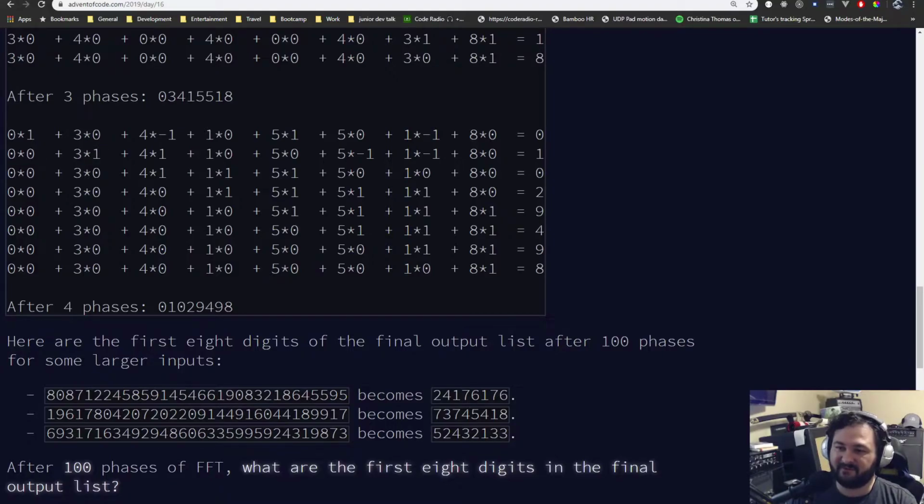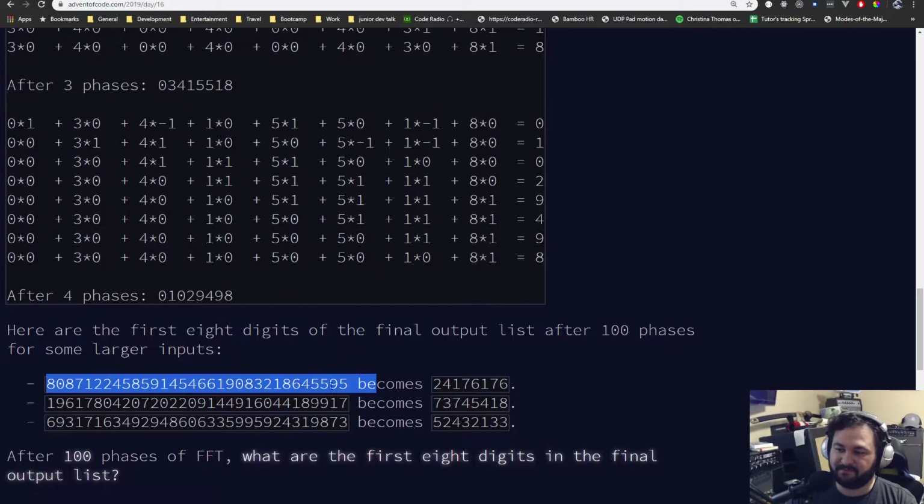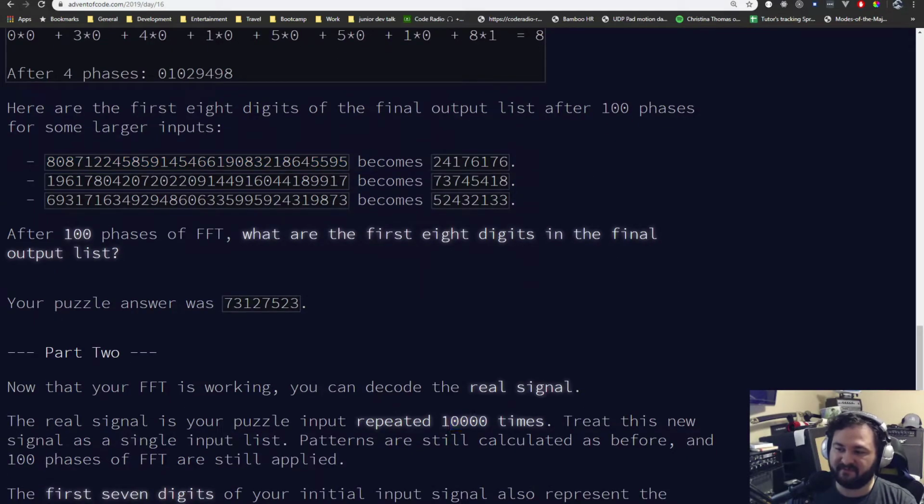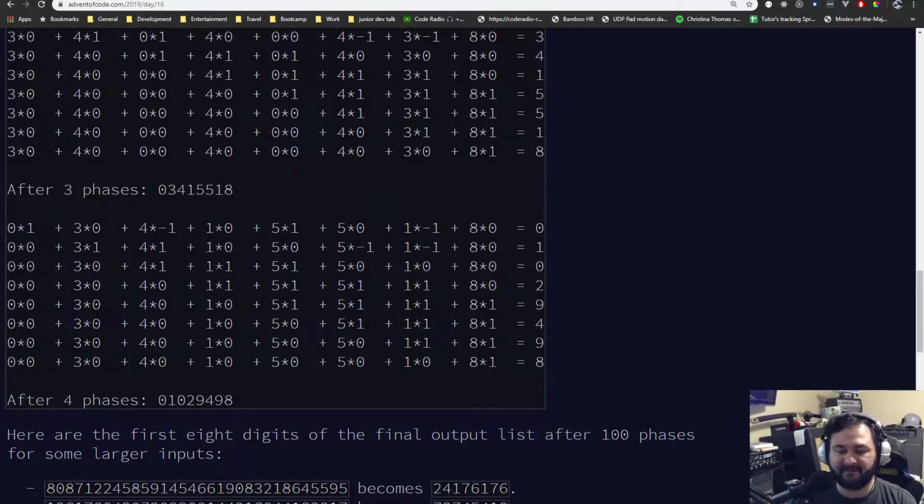Everything times 0 is negated, so you don't have to loop over those. And when you're working with trillions of points, or lists that are that long, so they repeat this 10,000 times, just doing that is going to slow down the algorithm.